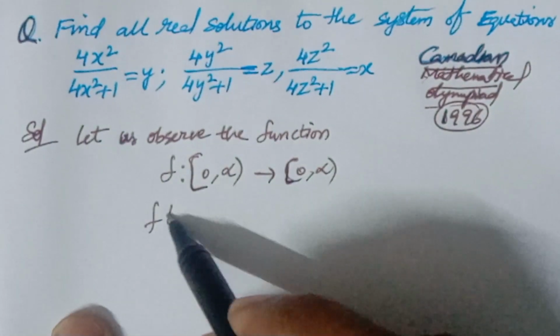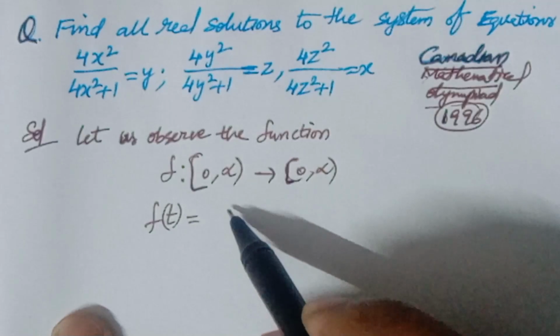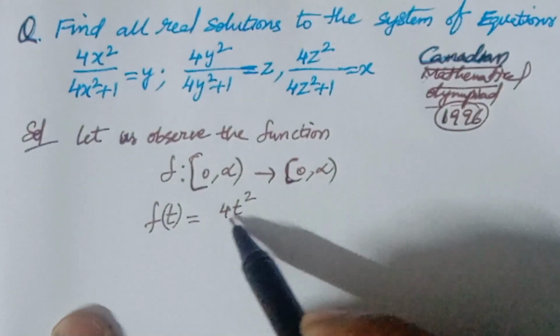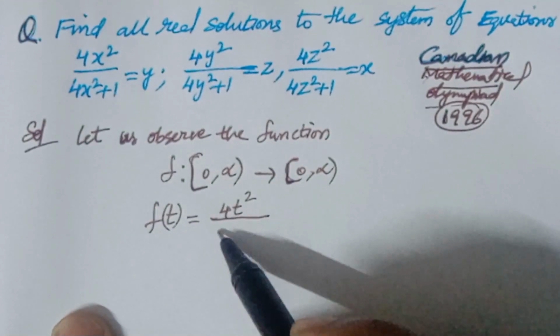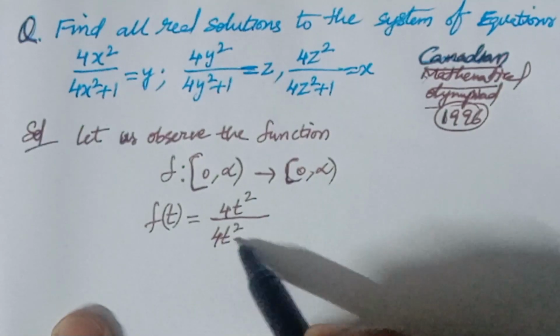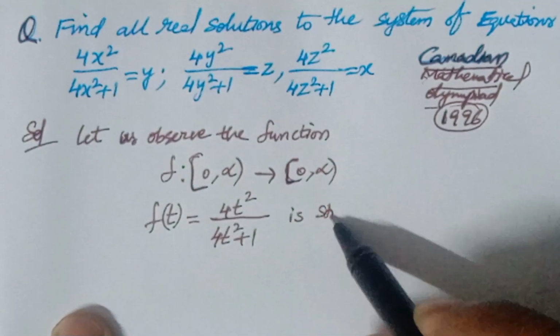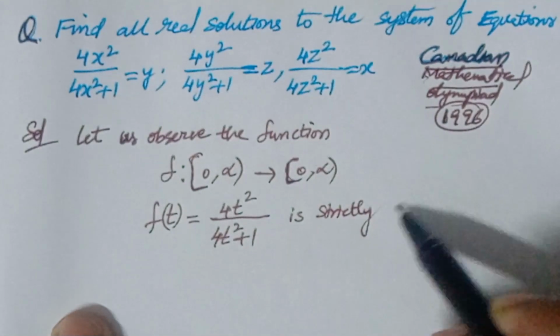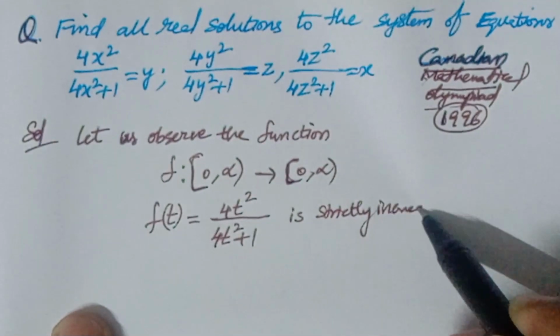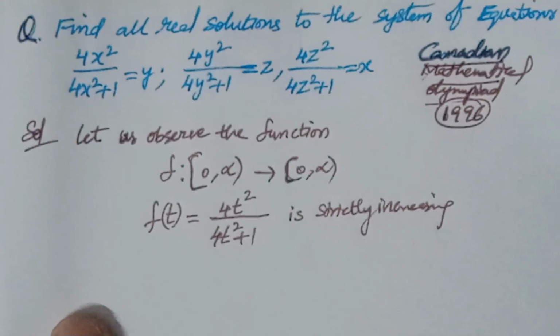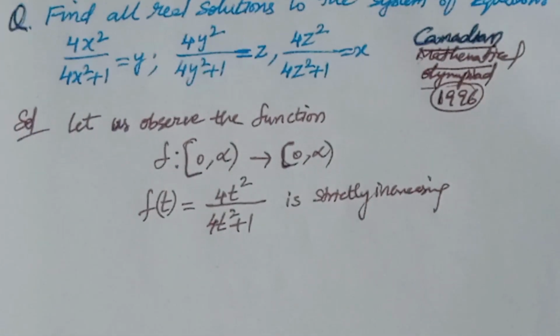If you take f(t) = 4t² / (4t² + 1), it is a strictly increasing function.